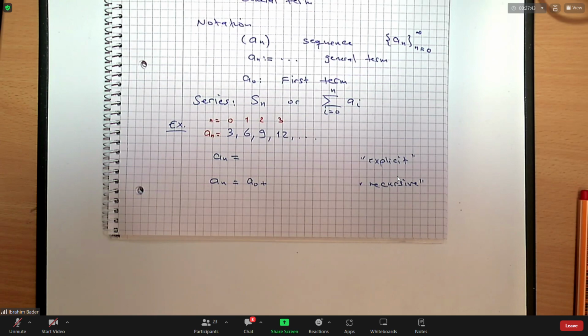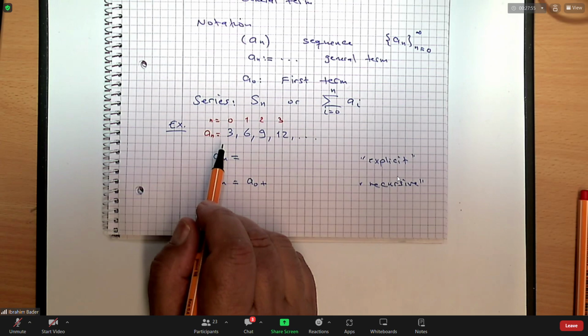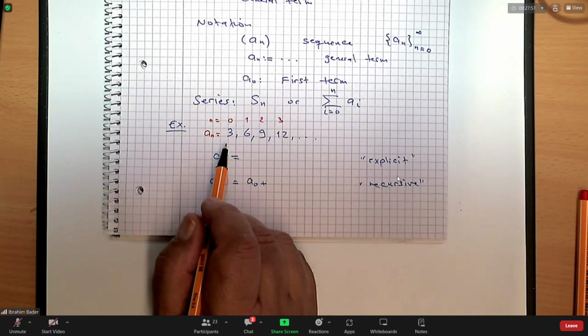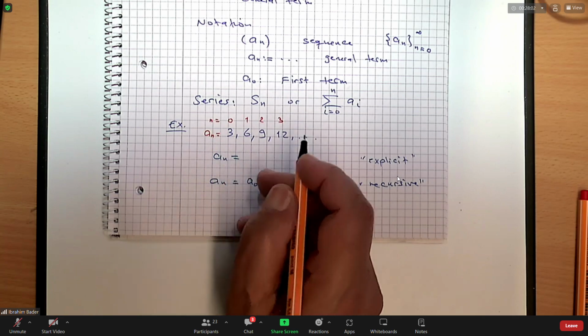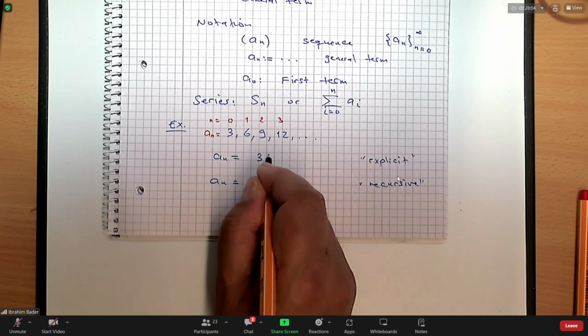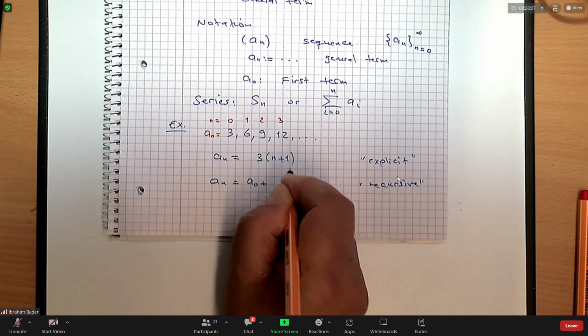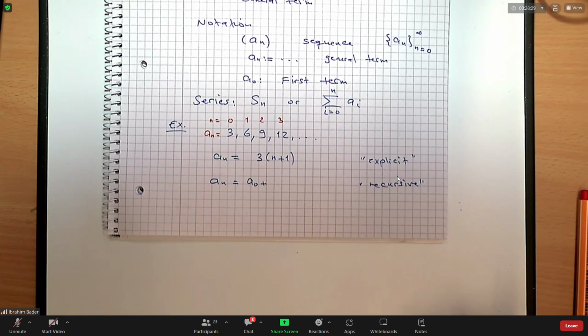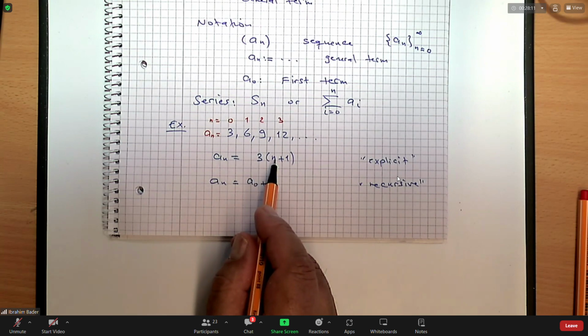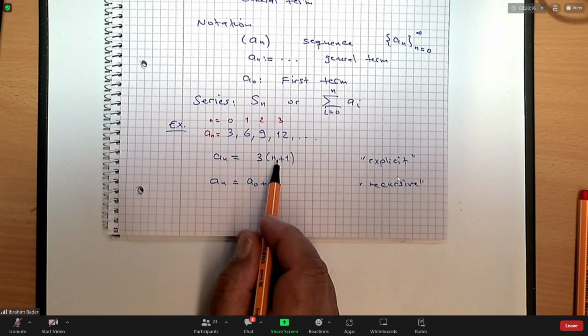So how would you generate 3 from n? Yes? 3n plus 3. You can just take 3 out, right? It will generate it, right? At 0 you will be getting 3. At 1, you get 6, right?